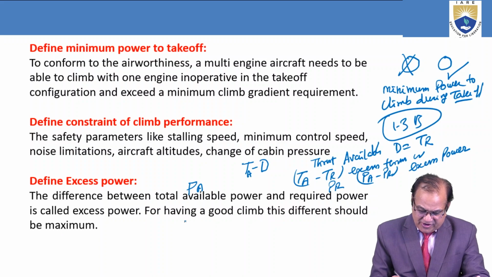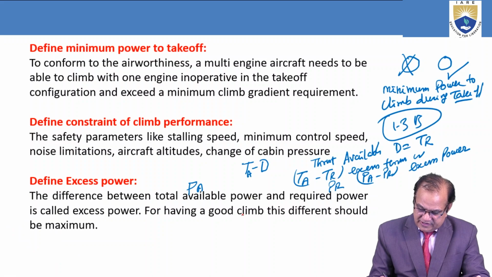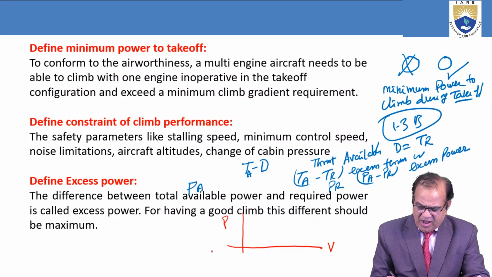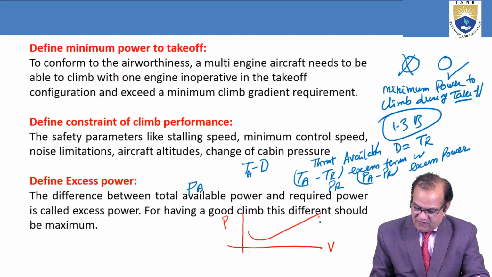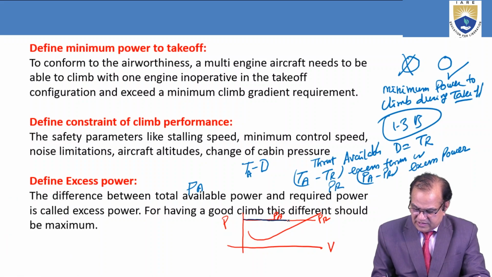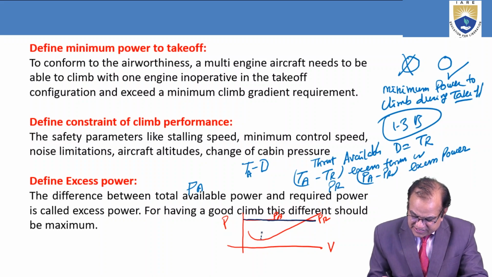So I am drawing a plot here like this. This is the velocity, this is the power, this is the power required, and this is the power available. Here, if you see, this is the difference between PA minus PR.